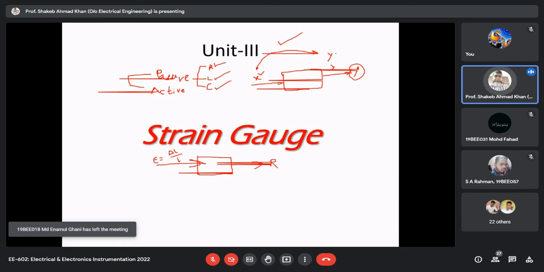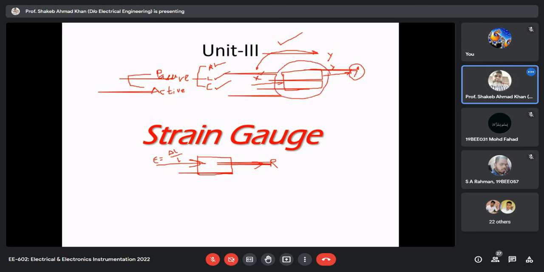So by measuring Y, how can we find X? We need a relation between X and Y, and that will be the characteristic of this sensor, a kind of transfer function of the sensor. This is the requirement in every sensor based system, in every instrumentation system.